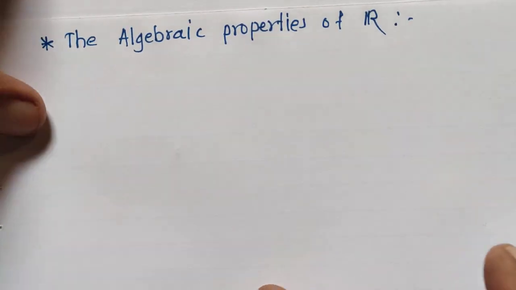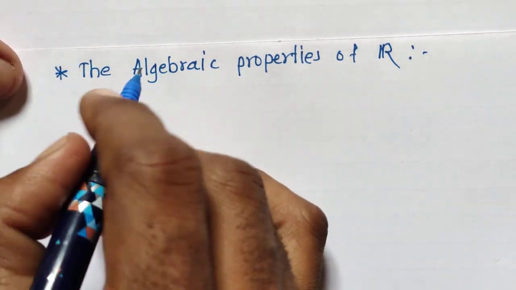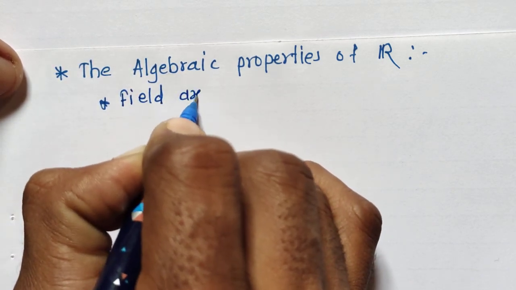In this topic we will see the algebraic properties of real numbers. These algebraic properties are also called field axioms.